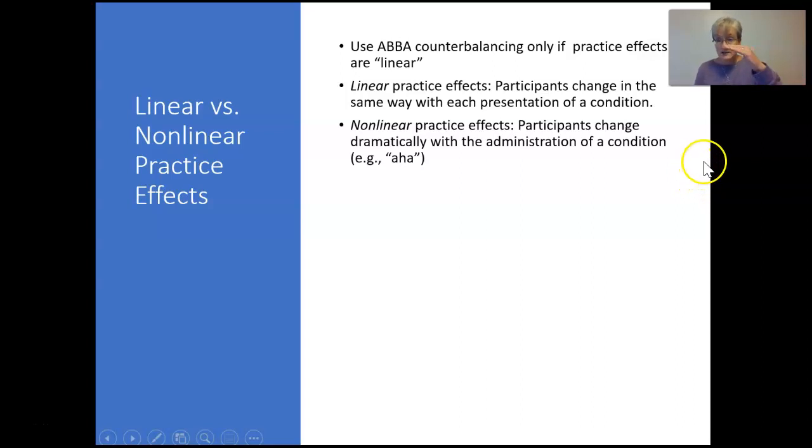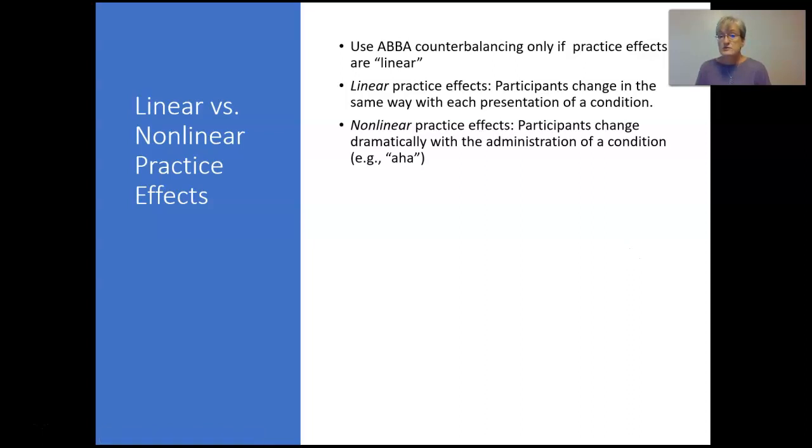You're always going to be at that ceiling. So once you experience, say, condition B out of A, B, C, and D, perhaps that's the aha moment, and then what you have is a nonlinear practice effect. So you can't use a straight ABBA reversal kind of technique with a nonlinear practice effect.